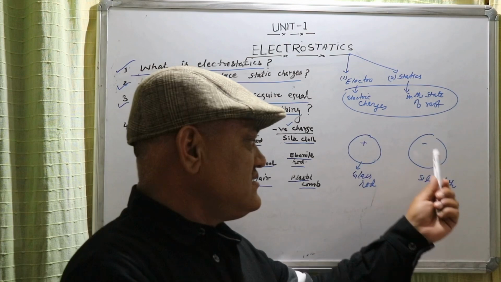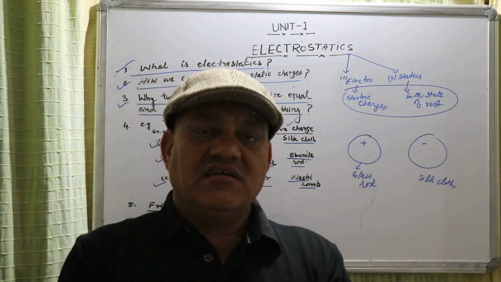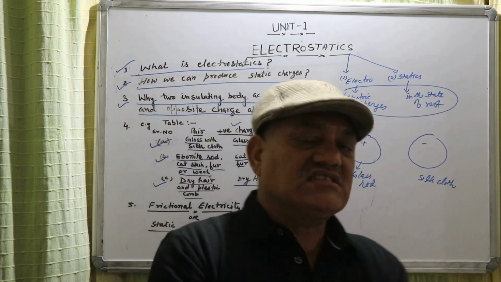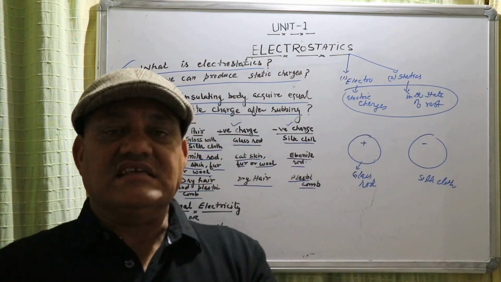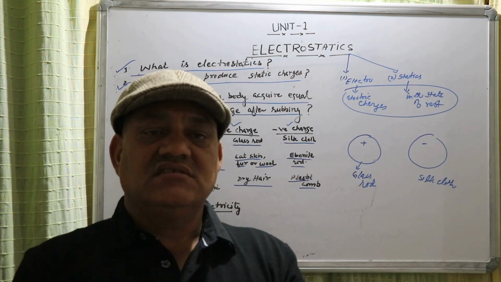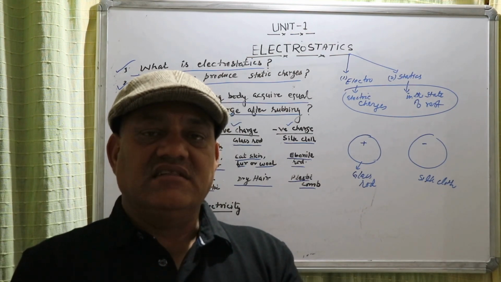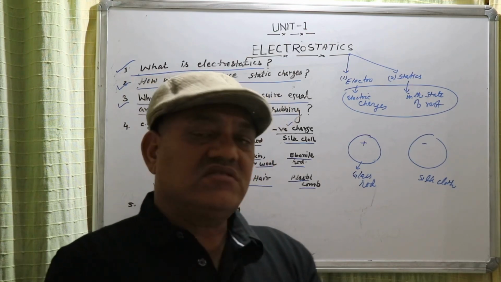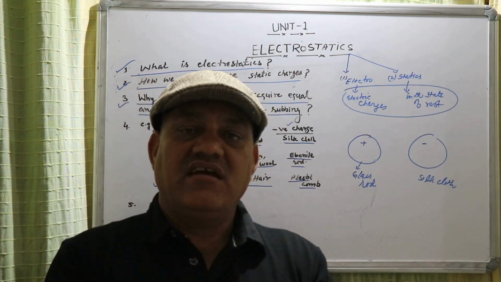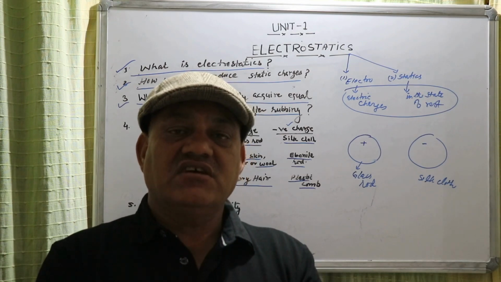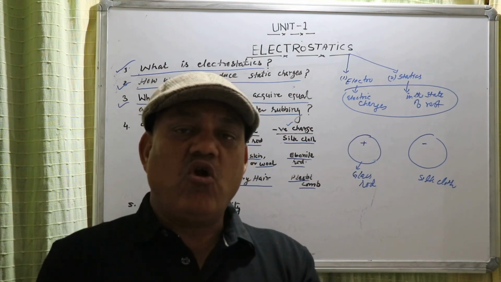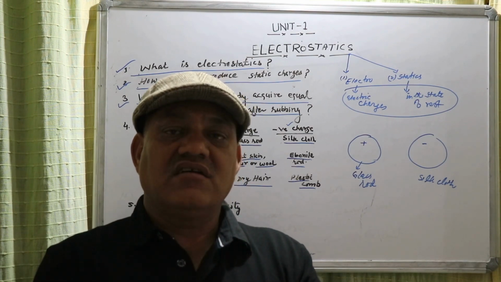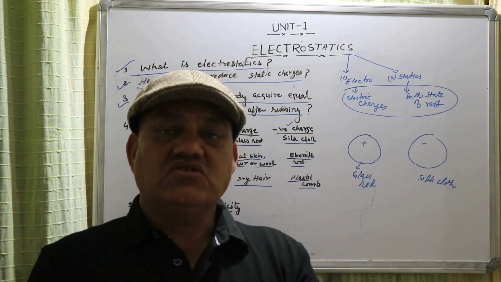On the other hand, the work function of the silk cloth is large, hence the electrons of the atoms of the silk cloth require large energy so that they cannot easily come out from the atoms of the silk cloth.